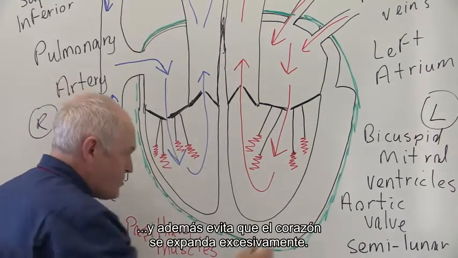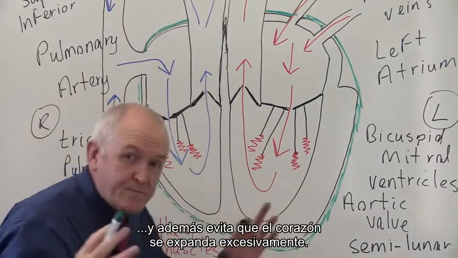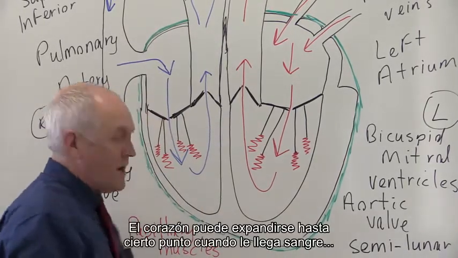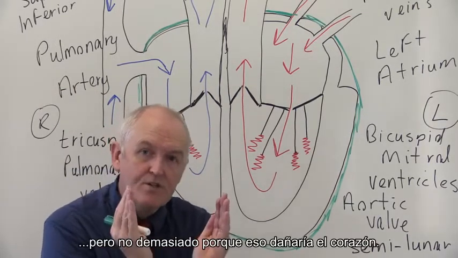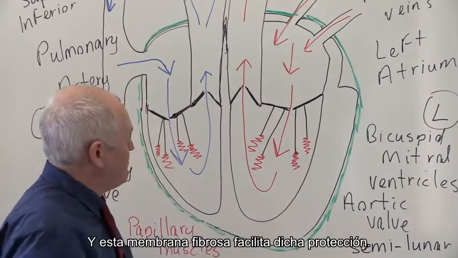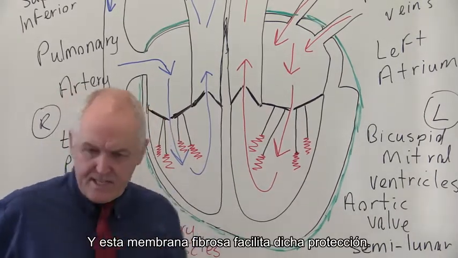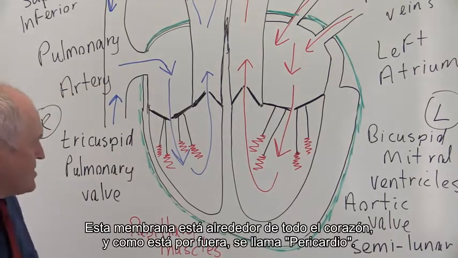And what it also does is it stops the heart from overexpanding. So the heart can expand so much when blood returns to it, but not overexpand, which would damage the heart. And this fibrous sac facilitates that protection. And this is round about the outside.